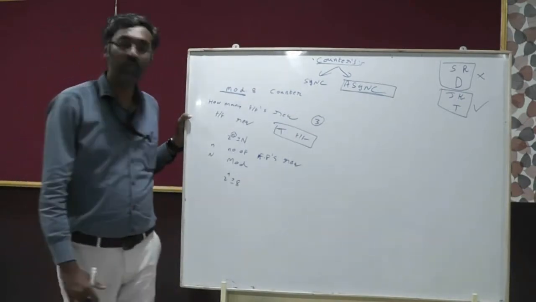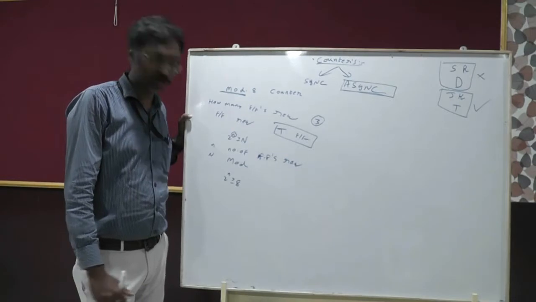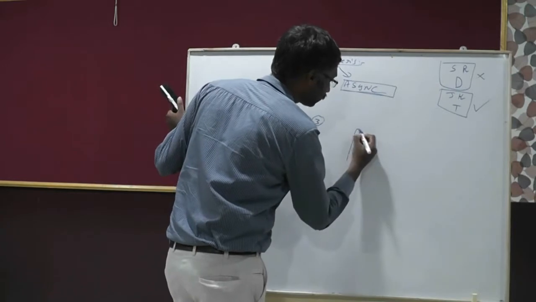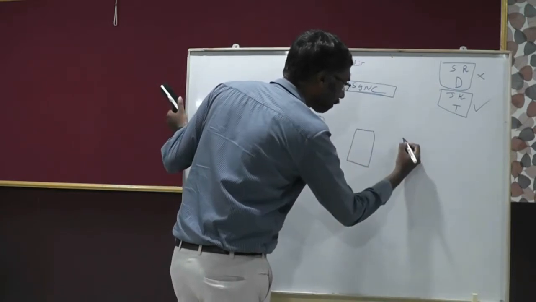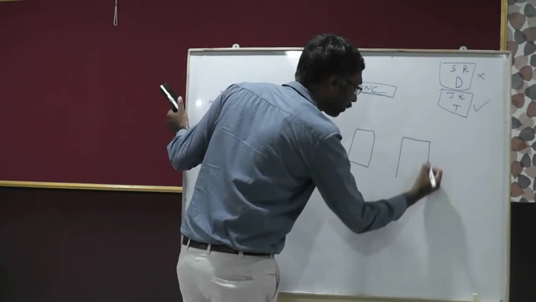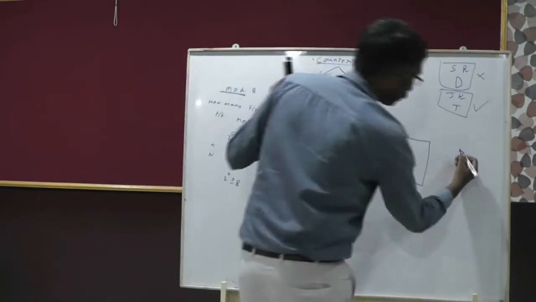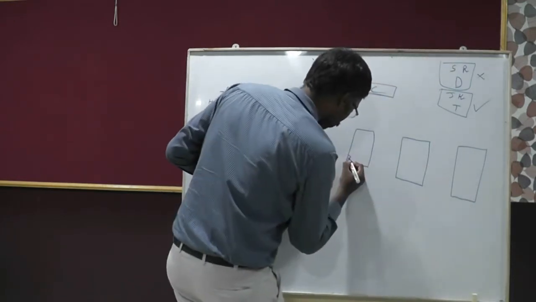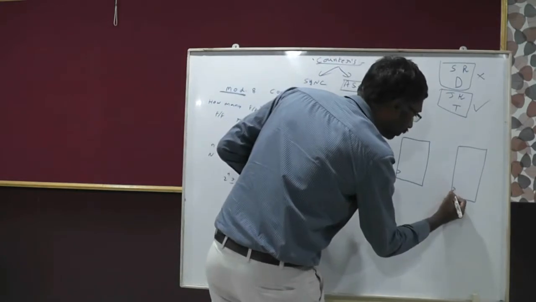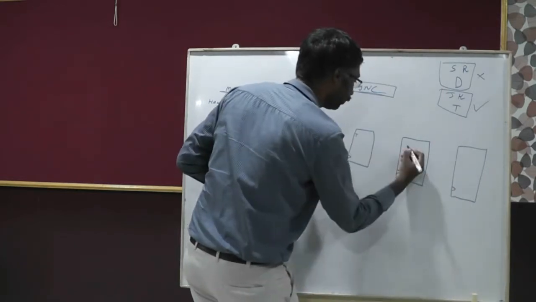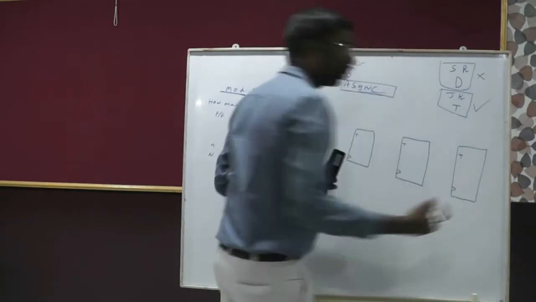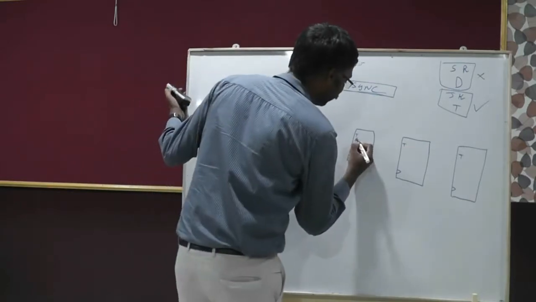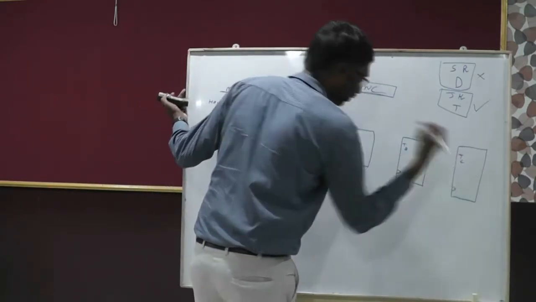So now we are going to draw the block diagram. Here, 3 flip-flops, with a clock signal. I have to differentiate each flip-flop, so I am going to take TA, TB, TC.